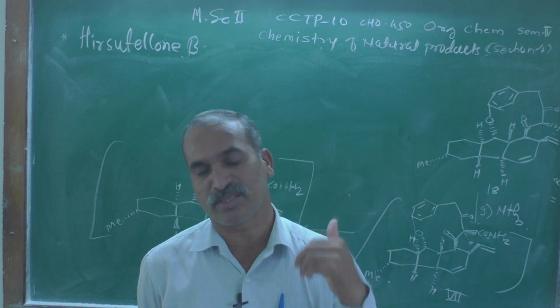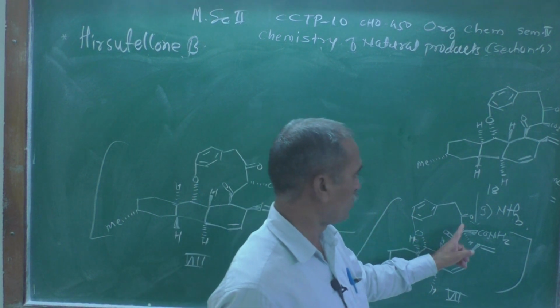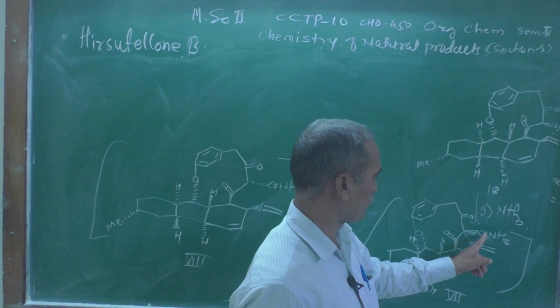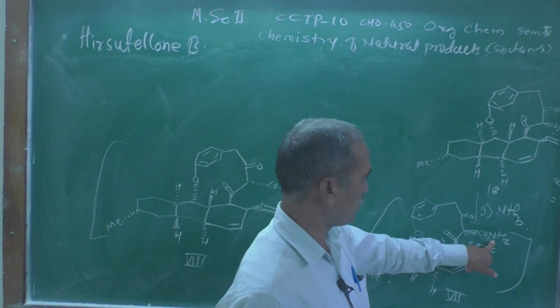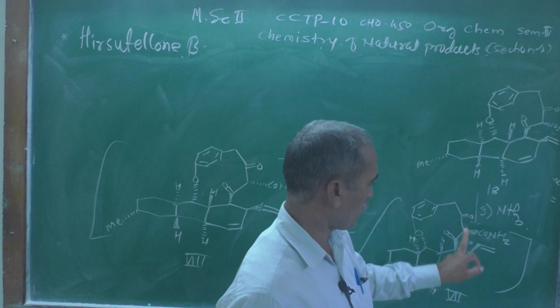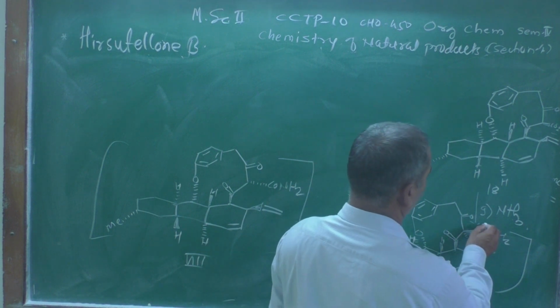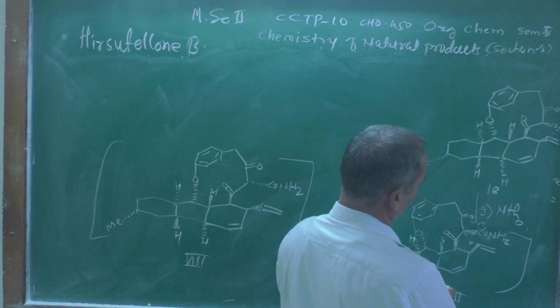Then go for the second rule: C double bond O, here also C double bond O. Then go to the next one: here is a nitrogen, here is a carbon, here is a carbon, so it will get the first priority.